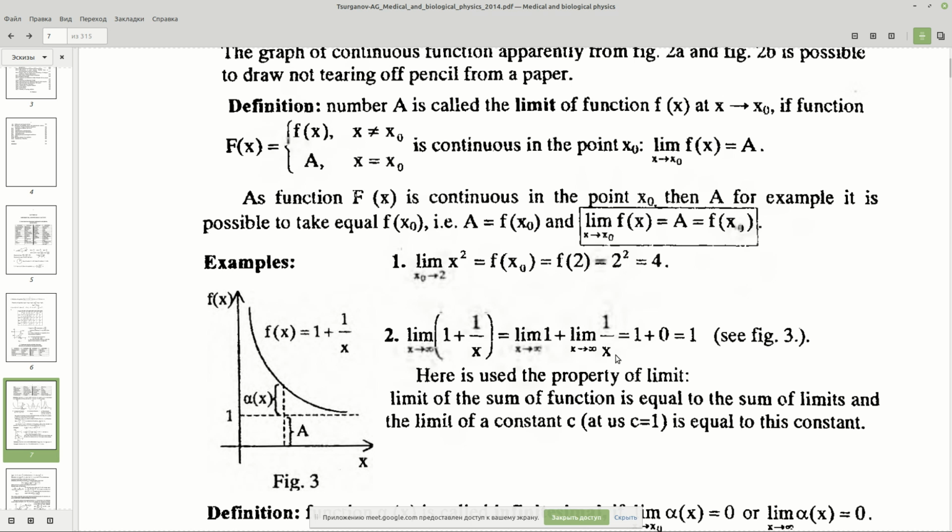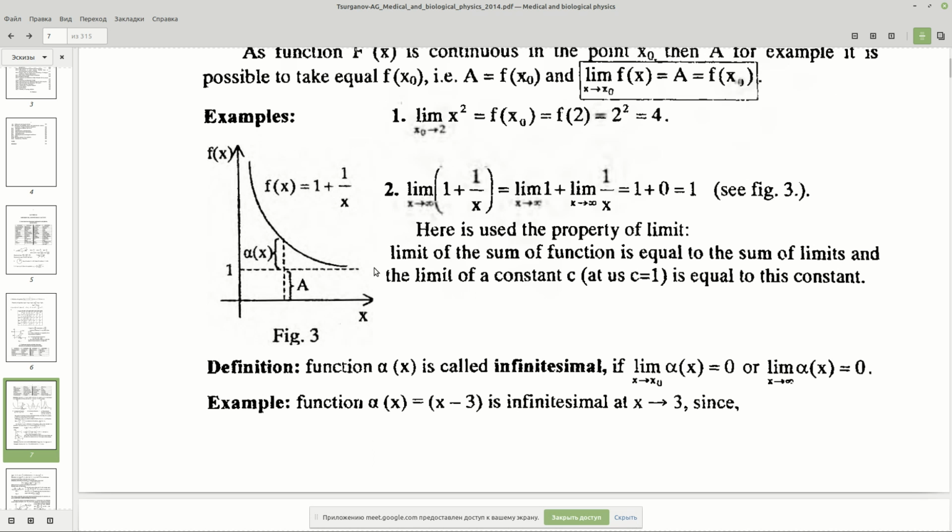So we have some limit here, some tendency line of the graph, which the function approaches and goes across somewhere as x goes to infinity.